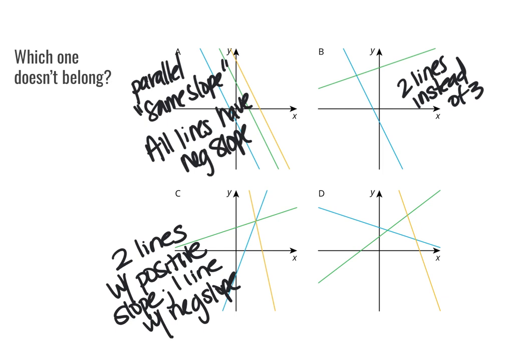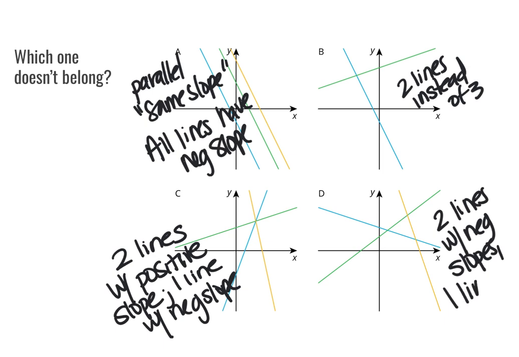And then D is the opposite. So there are 2 lines with negative slopes here, and 1 line with a positive slope. Okay, so those were the reasons why each of these graphs stood out.